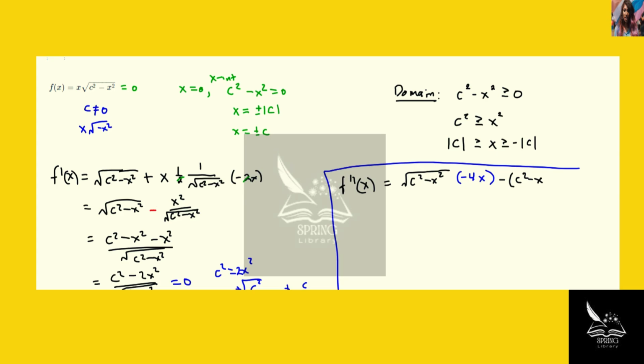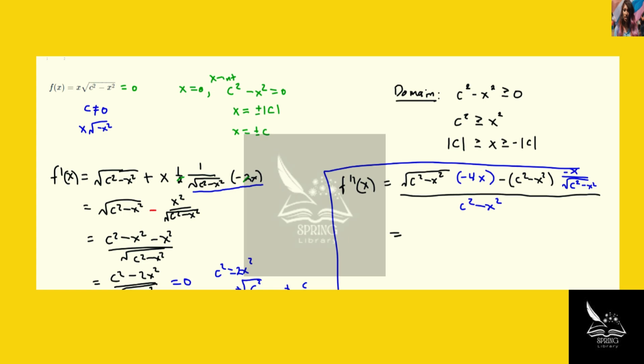So c squared minus x squared times the derivative of the square root of c squared minus x squared. And we already found that from right here. So that's just going to be negative x over the square root of c squared minus x squared, and then all over what we have in our denominator squared, so it'll just be c squared minus x squared.